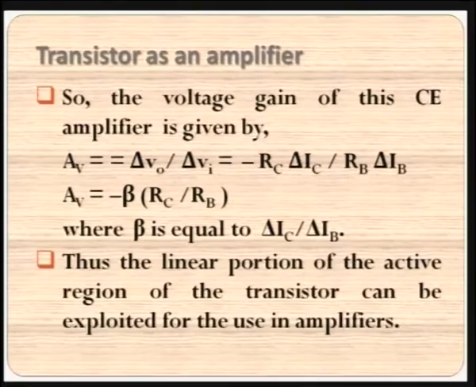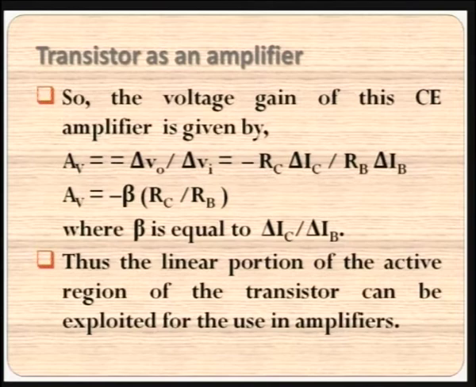At that time we have got an idea about the beta value. It is a high value depending on the transistor. It could even vary from 50 to 1000. So, as beta is high, the voltage gain will also be reasonably high in the case of an amplifier which is designed using a transistor in the common emitter mode.